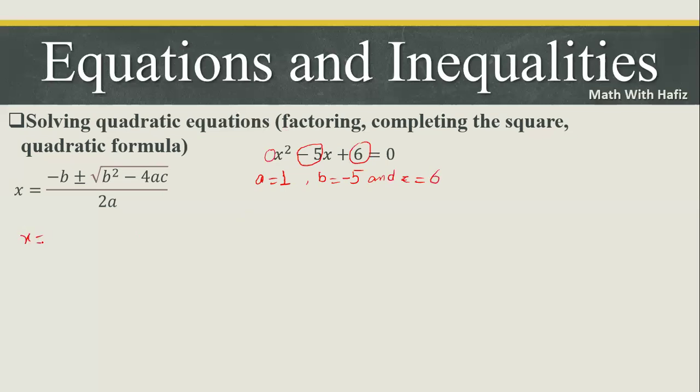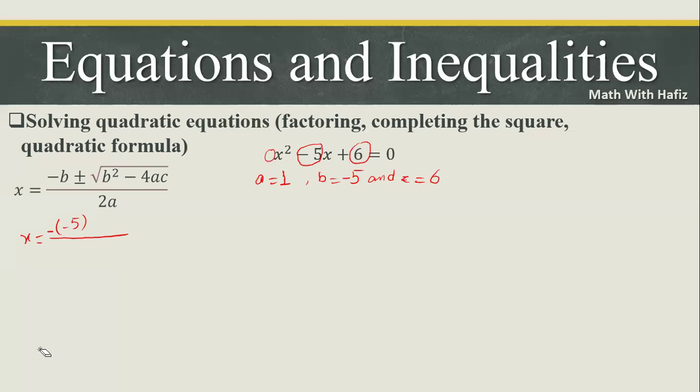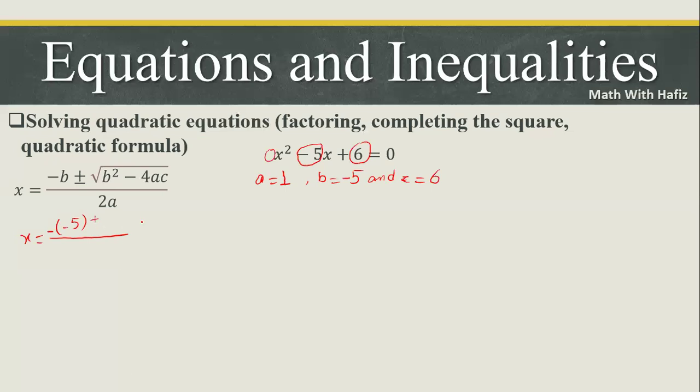So x will be equal to minus (-5) plus minus the square root of (-5) squared minus 4 multiplied by 1 multiplied by 6, divided by 2 multiplied by 1. All right.